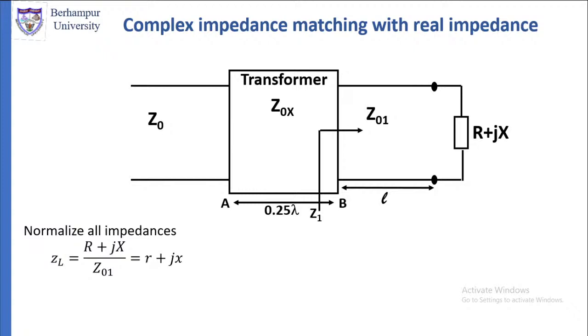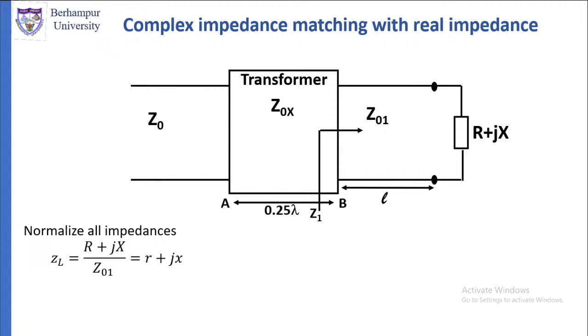The impedance has a resistive part as well as a reactive part. If we have such a load impedance, can we match that load impedance to a real impedance or to a purely resistive part?